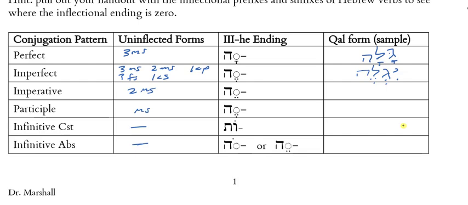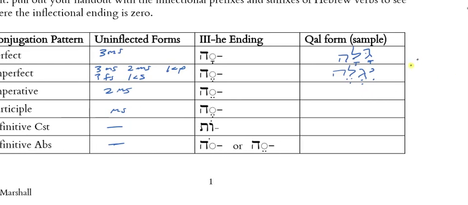For the imperative, remember the imperative only has one form that is uninflected. It's the 2ms. And when I need to create a 2ms imperative, I'm going to use sere hey after root 2. Root 2 will take a sere hey. So if we're thinking in terms of our strong verb, let me jot this down over here. I would normally want to see for paqad, p, qod. Vocal sheva under root 1, holem with root 2.